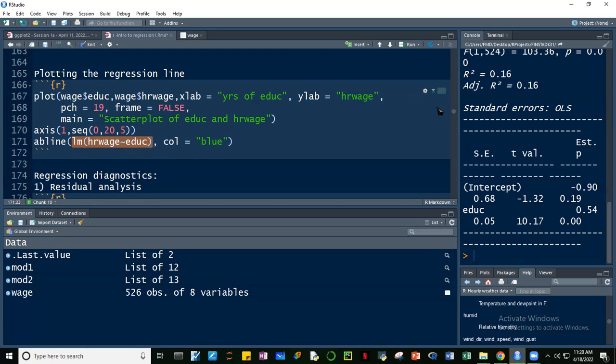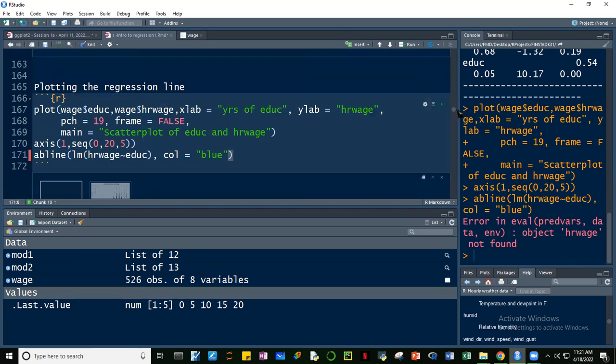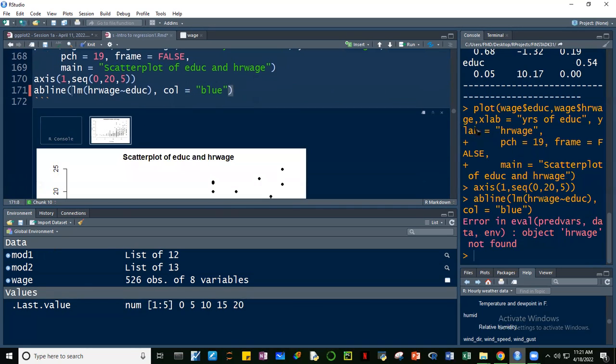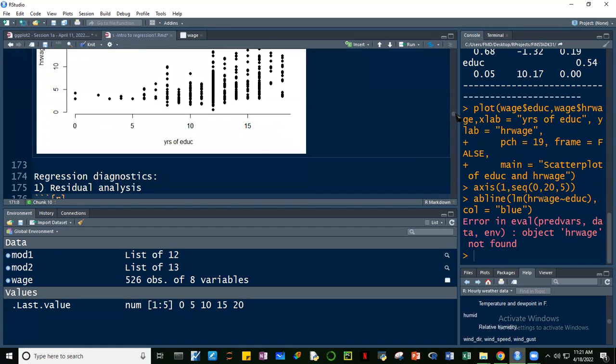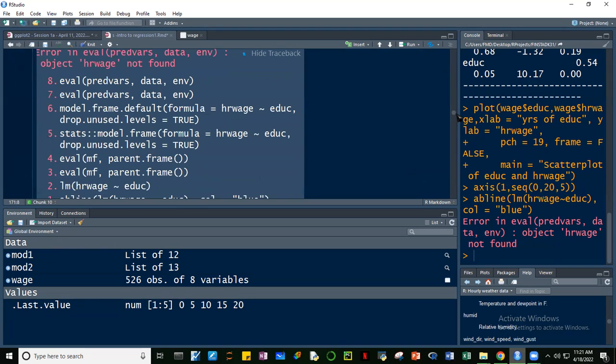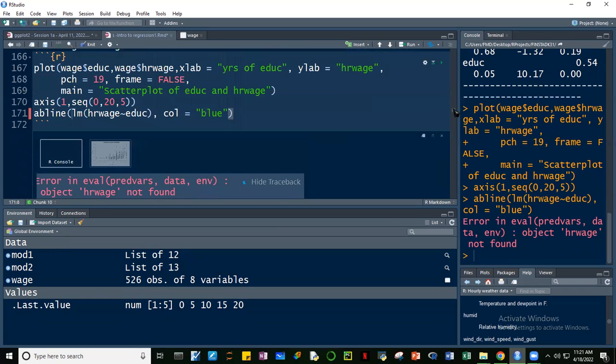Okay, running this. Oops, ano nangyari? What happened now? AB line. Okay. Kasi ito hindi niya. This should be wage.